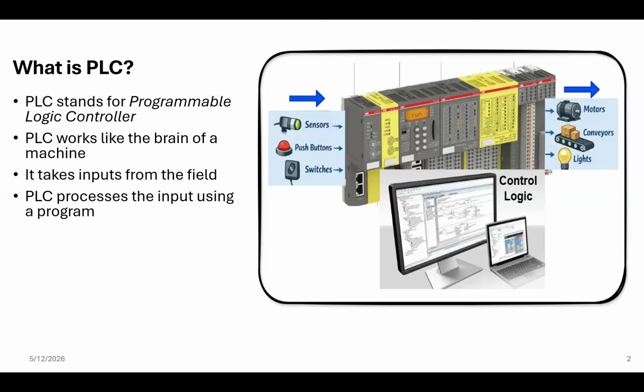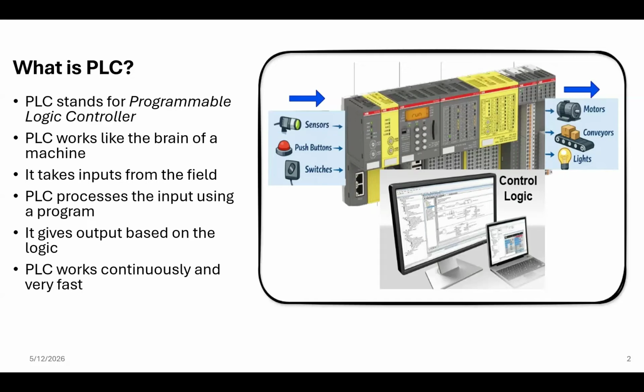That means inside the PLC, the program logic is stored, and it says if this happens, then do that, and it gives the output based on the logic. The output can be motor on or motor off, lights on or off, conveyor belt movement, valve opening, and so on.